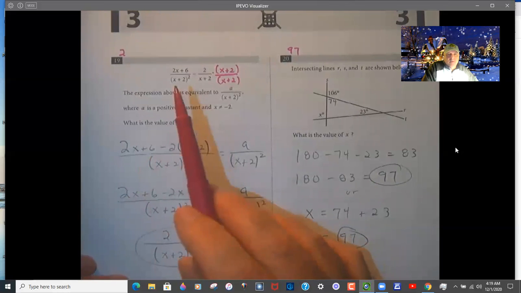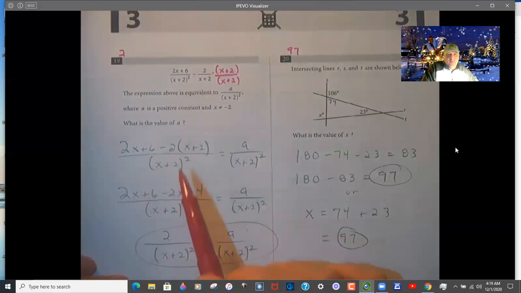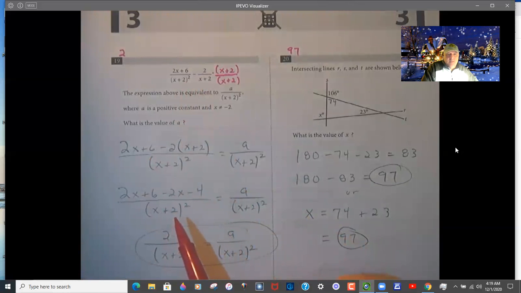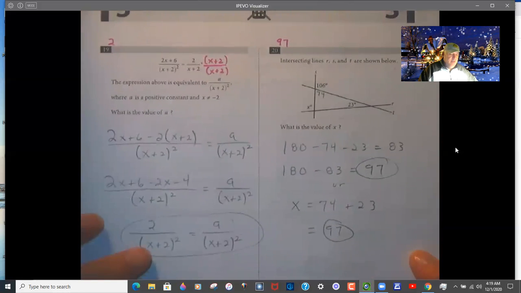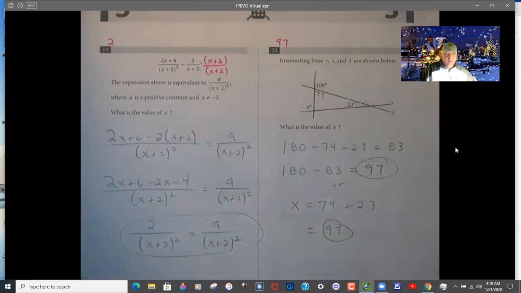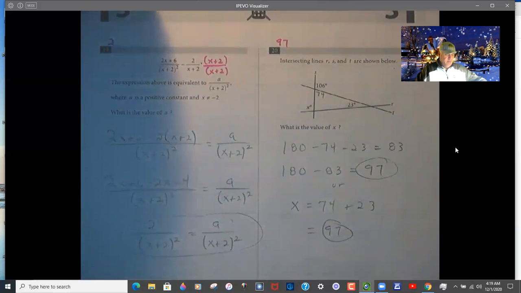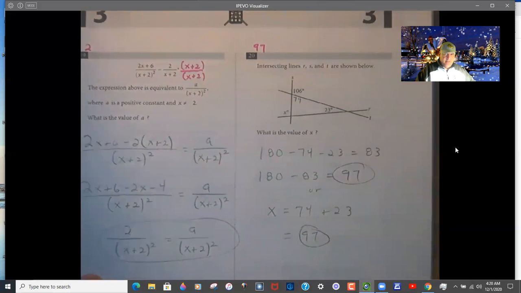So you'll have the original 2x plus 2 minus 2x minus 4 all over x plus 2 squared. And so that will crunch into just a 2 over x plus 2 squared. So that's what a is after you get the common denominator. So in Algebra 2, we're going to do a whole chapter on rational expressions like that.